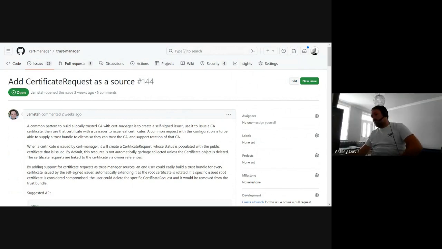I'm not sure if I fully understood that, but I agree that whatever we do should be generic where possible, and could apply to many different types of issuer. Richard, I think you had your hand up first.